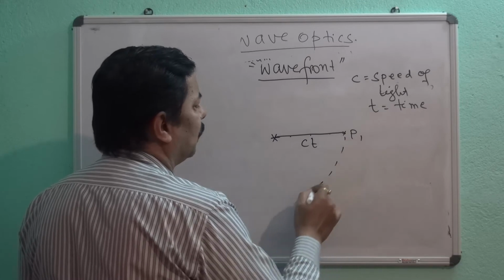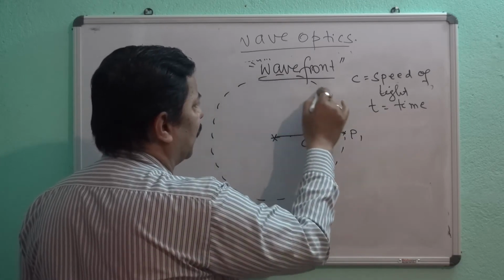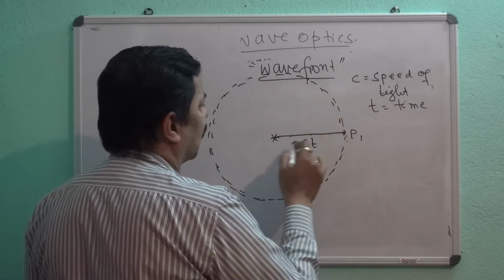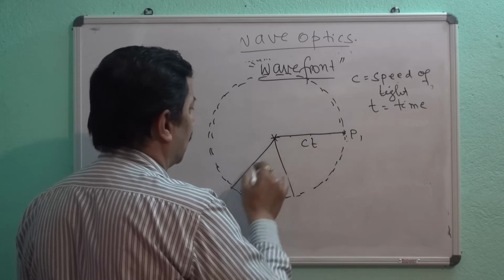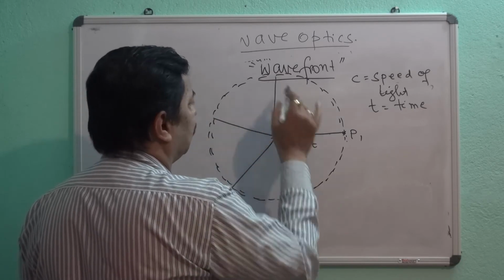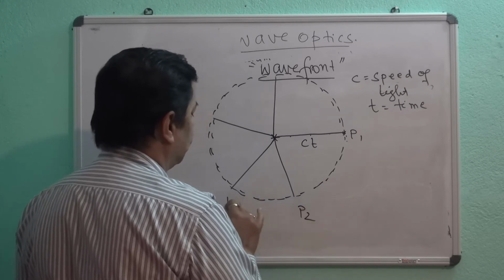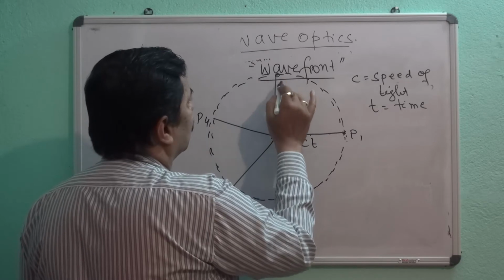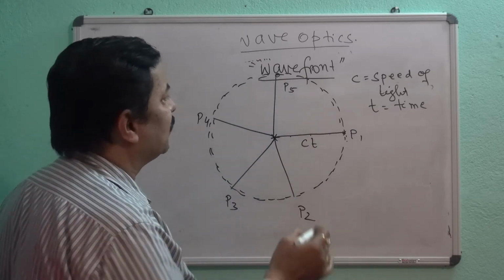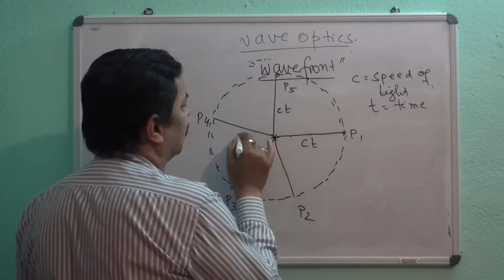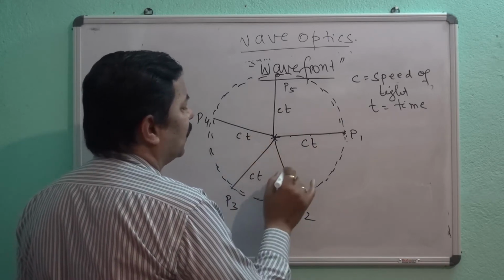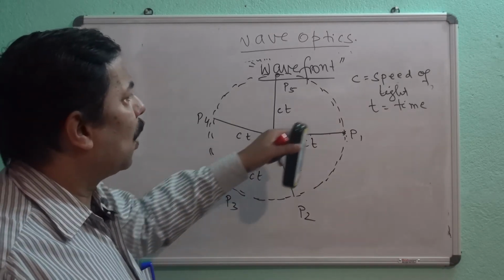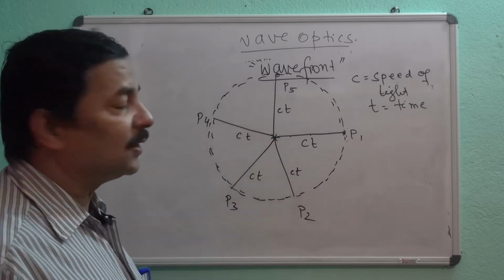In the same way, you will observe in this spherical region the points P1, P2, P3, P4, take this point as P5, the wave is reaching and the distance is ct. So this is not a circle, this is a sphere, that is, it is three-dimensional in nature, and at all these points the wave is reaching at the same time.